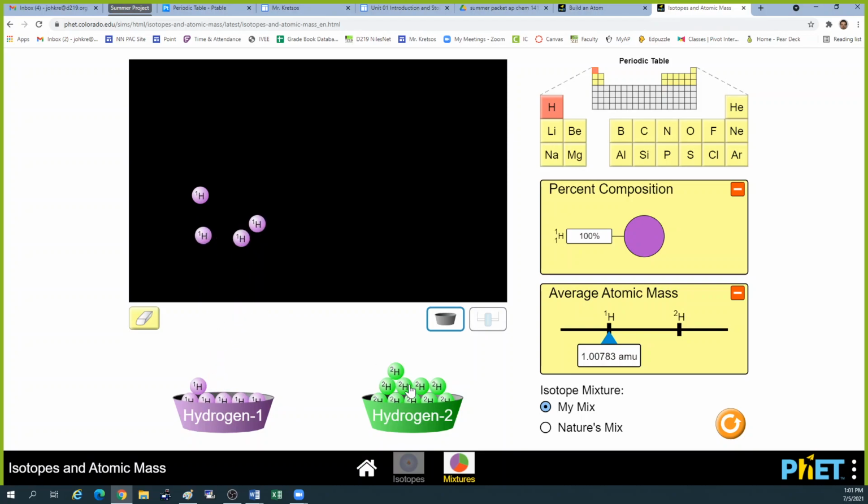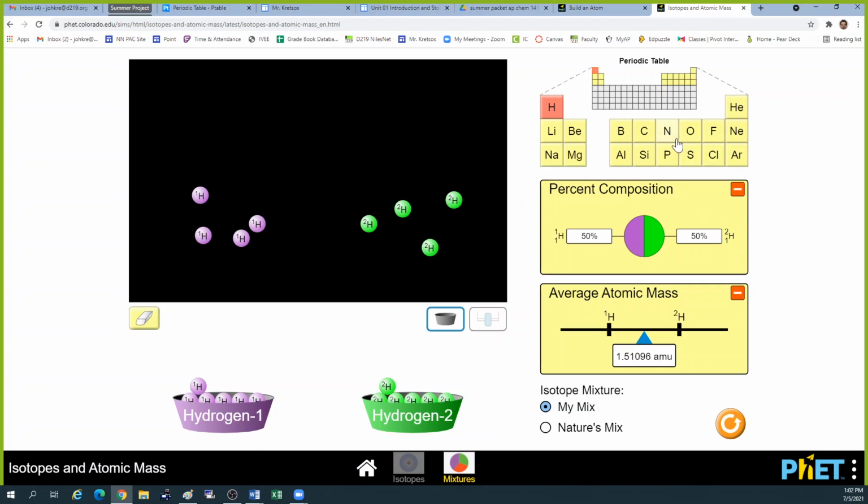Because they're all the same. Now start throwing these in, and all of a sudden, the average shifts. Throw another one, throw another one, throw another one. See, now it's 50-50, so it falls in between. Now again, they're accounting for the fact that the hydrogen atom is not exactly mass of 1. That's why it's a little bit off. But I'm just trying to show you the role of the composition, like the percentages.